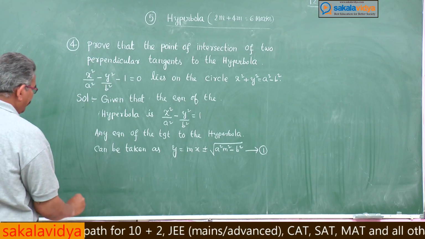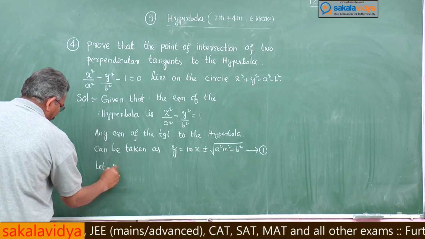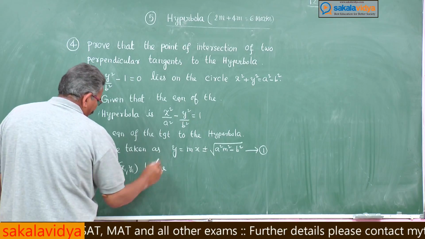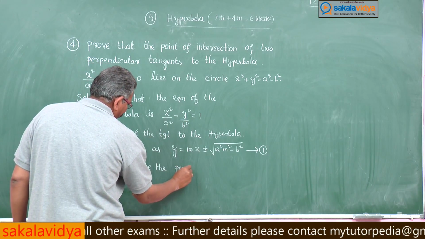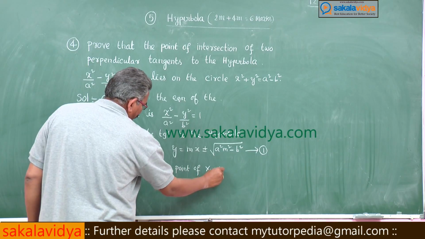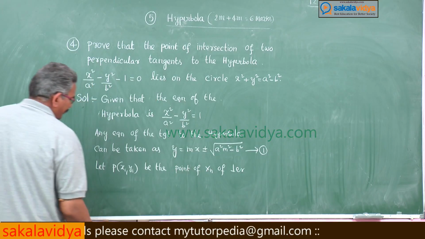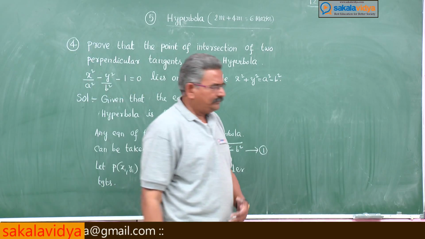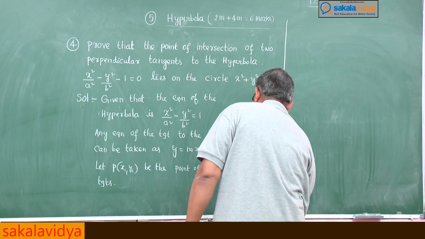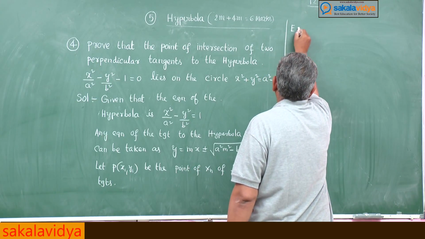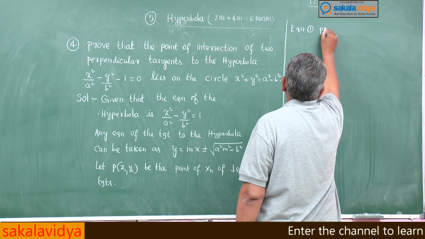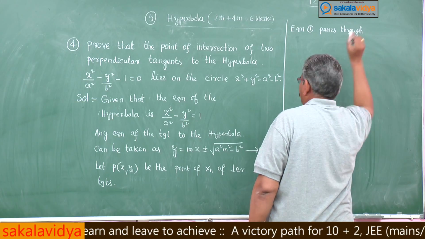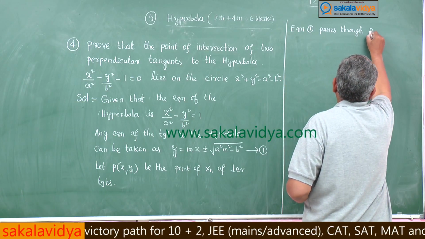And one more thing, let P x1 comma y1 be the point of intersection of perpendicular tangents. So, according to the problem, equation 1 passes through P x1 comma y1.